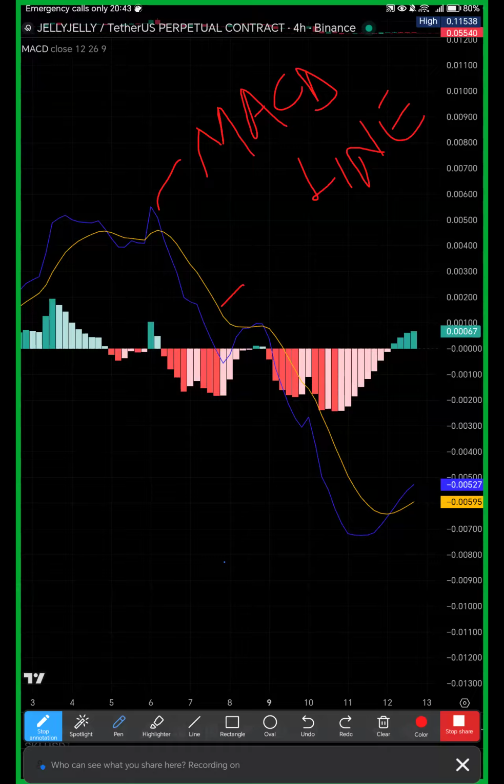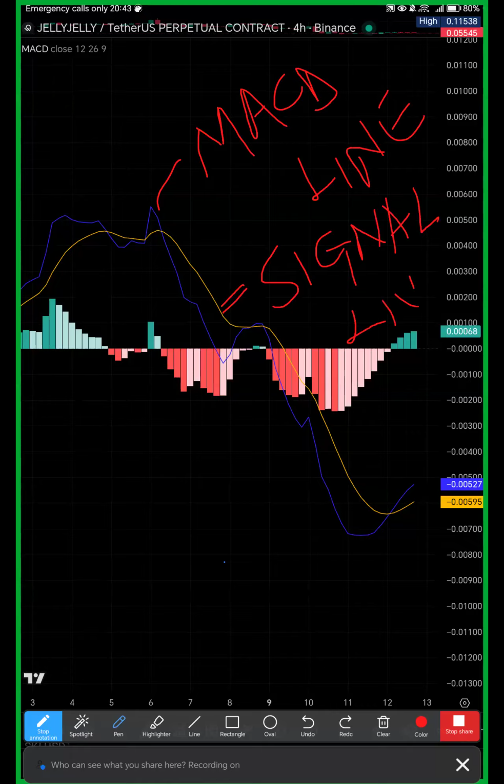This orange one is called the signal line. So we do have two lines, the MACD line and then the signal line.